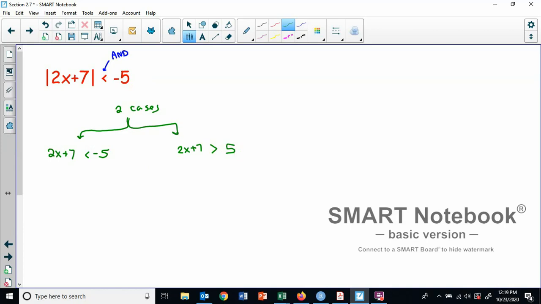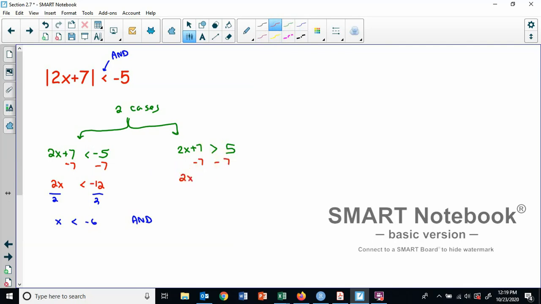And so we can solve each of these. Subtract 7 over. So 2x is less than negative 12. And then divide by 2. X is less than negative 6. And let's solve this side. Subtract 7 over.